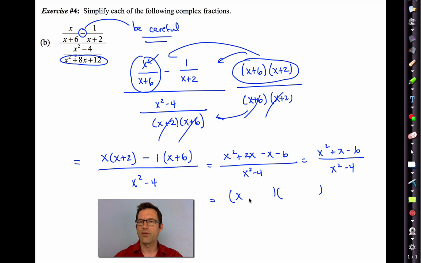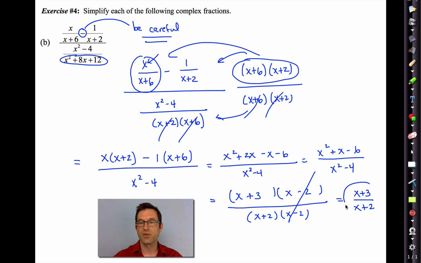I'd have x plus 3 times x minus 2 as the numerator. The denominator would be x plus 2 times x minus 2. Difference of perfect squares. Cancel. And we have x plus 3 divided by x plus 2. Awesome. Still the same as what I got on my worksheet.